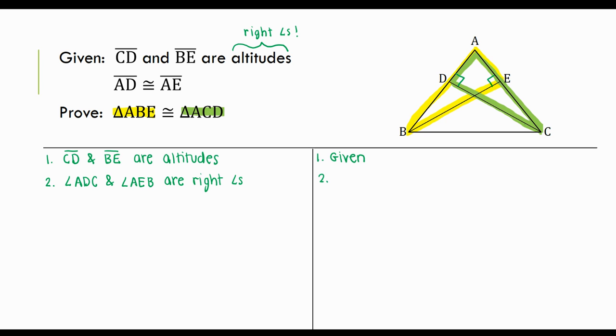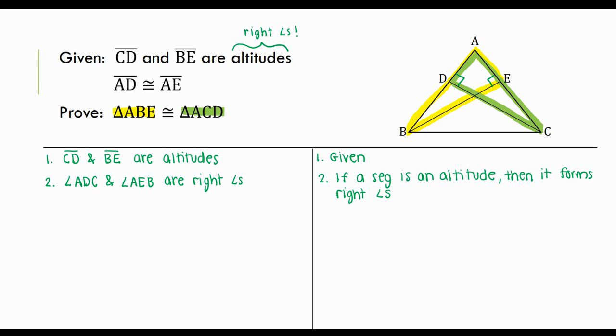So now I have to justify why I know this. I know this because of the vocabulary word altitude. So we would say if a segment is an altitude, because remember the if part is what's given, then it forms right angles. This reason is very similar to if we were given perpendicular: perpendicular forms right angles.